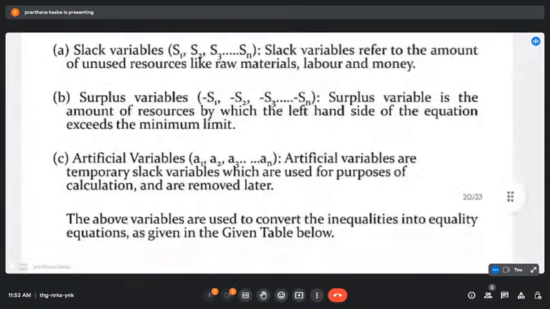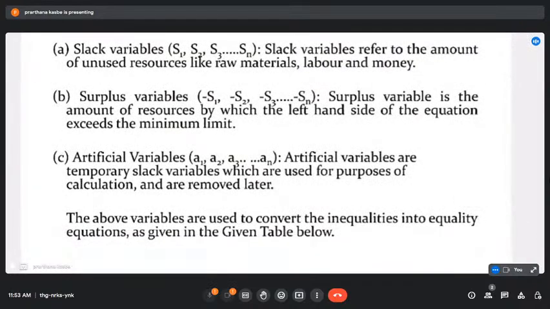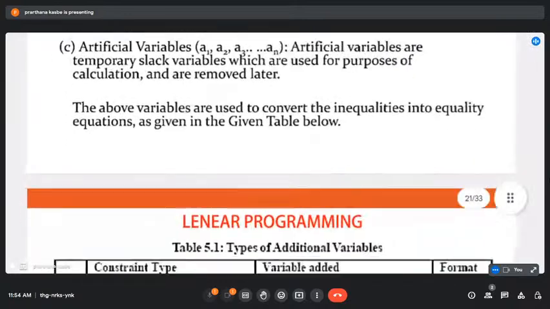The artificial variables are temporary slack variables which are used for the purpose of calculation and are removed later. The above variables are used to convert the inequalities into equations, as given in the table.